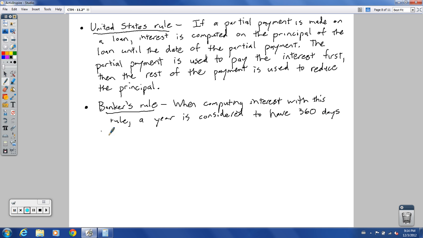And any fractional part of a year is the exact number of days.